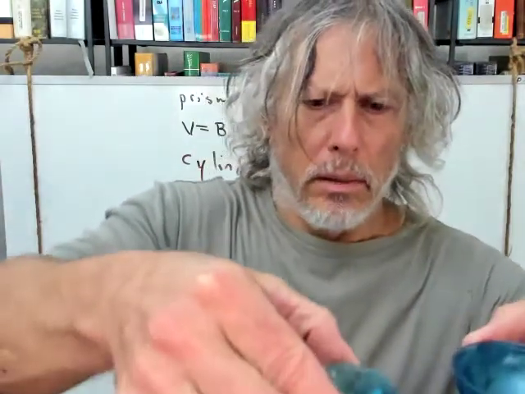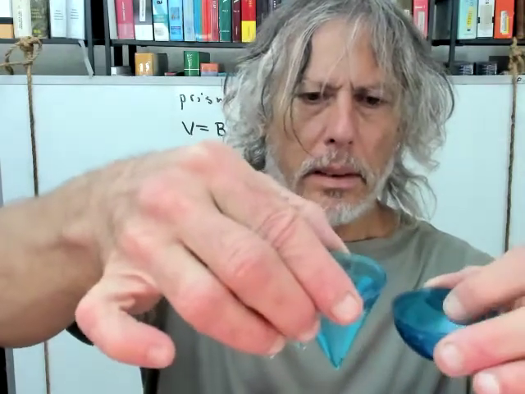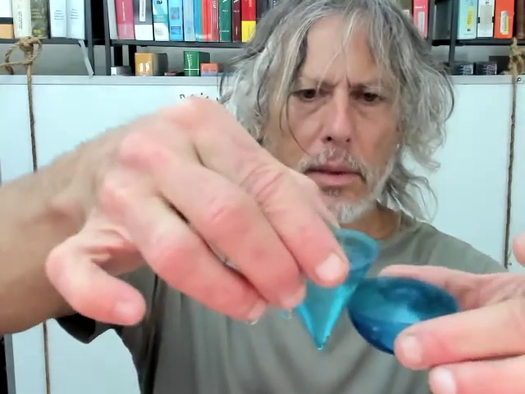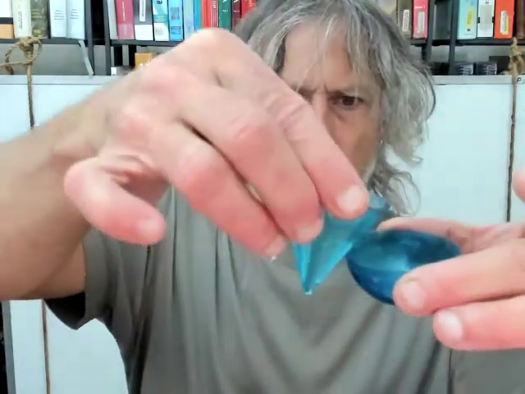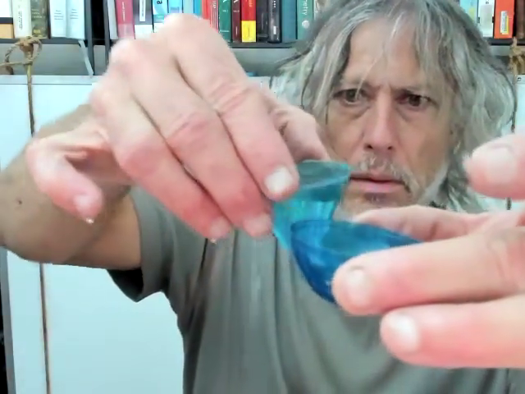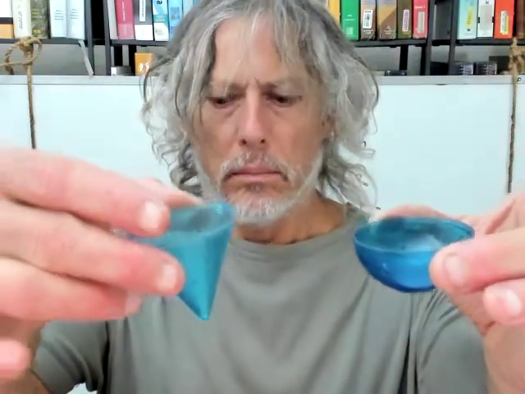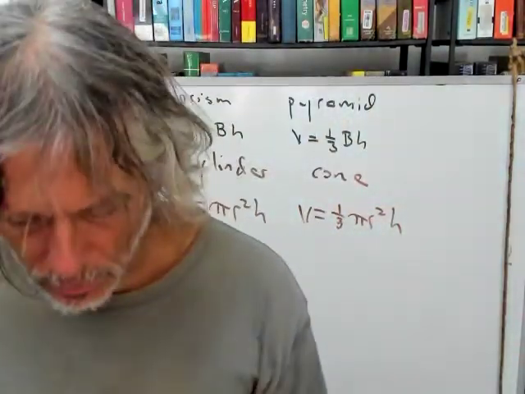And maybe 2 of these to fill up a whole sphere. Let's see. Well, dang. So about 1 of these to fill up this. So same volume. See again. So they're equal. So let's work on some algebra about that.